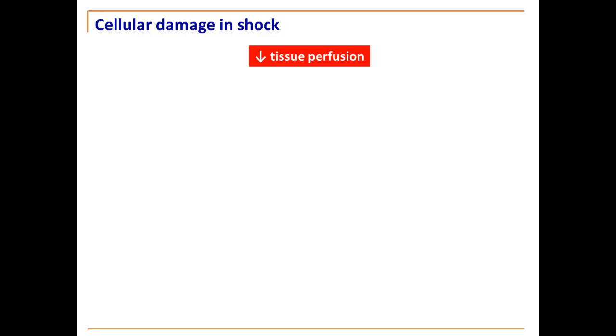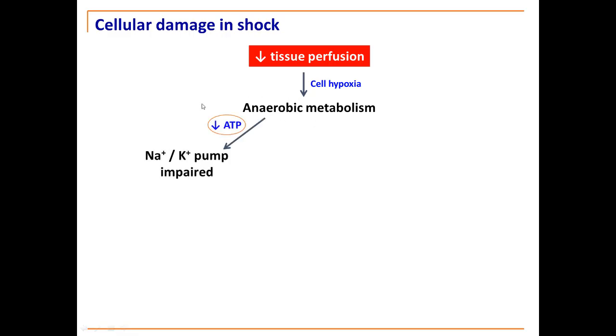If we're taking a look at what's going on in terms of cellular damage, we're getting a decrease in our tissue perfusion. We get cell hypoxia, stimulating anaerobic metabolism. We get a reduction in the amount of ATP we can produce because less oxygen and nutrients are coming in. We're working anaerobically, we're producing less ATP, and we get an impairment of the sodium-potassium pump. As I said, that's one of the largest consumers of ATP in the cell.